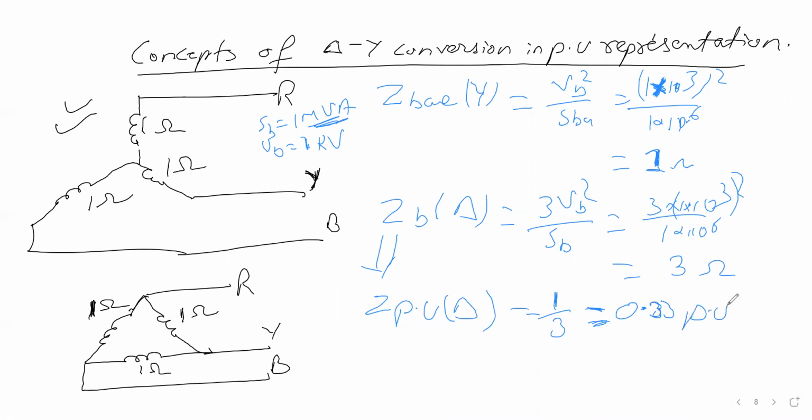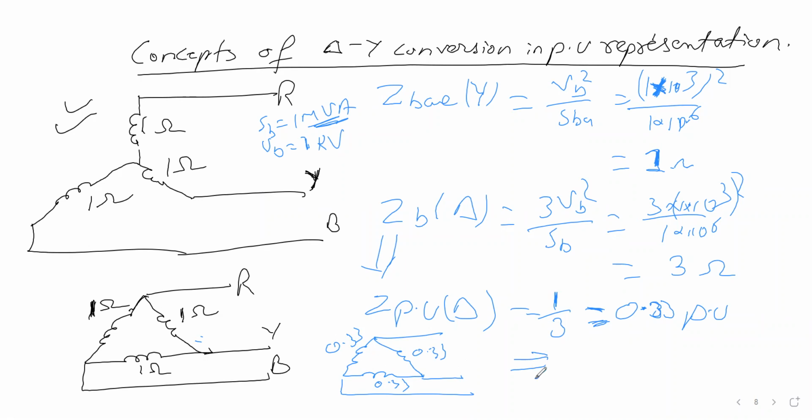This is a per unit value, right? So this delta in per unit system would be represented in this manner, whose value is 0.33, 0.33, 0.33.